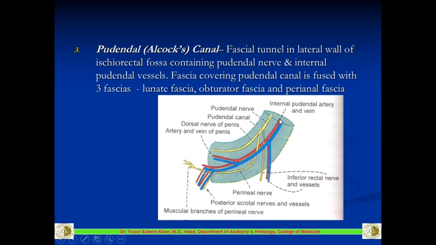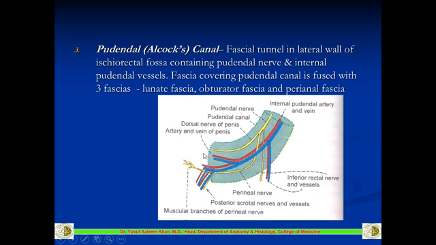Then we have the internal pudendal vessels, the artery and the vein. So they are coming here and they give branches here. These are called as the inferior rectal vessels and nerves. Okay, when nerve is coming from the pudendal nerve, these are the inferior rectal vessels. Then again they further go deep inside, and then they will be giving the artery and vein for the penis as well as even the posterior scrotal nerves and vessels.